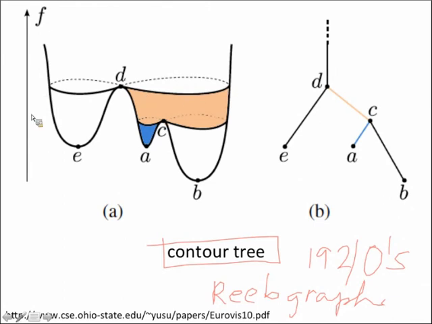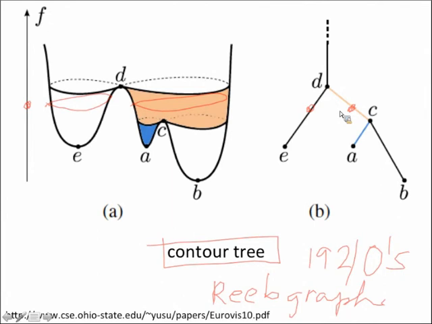So if I take a point here, I take its pre-image, and then I collapse the connected components. I've got two connected components right here. Collapsing those, we could get our contour tree or Reeb graph if our function is nice.